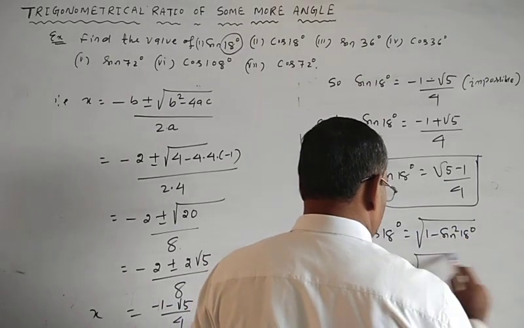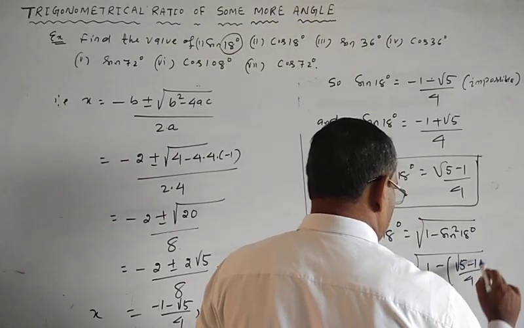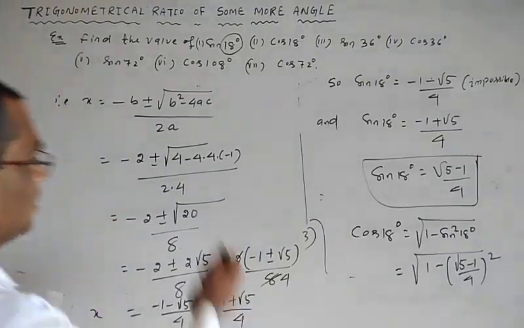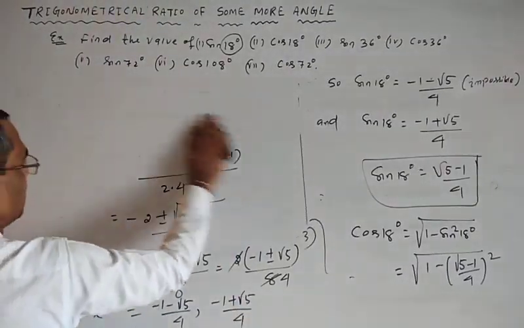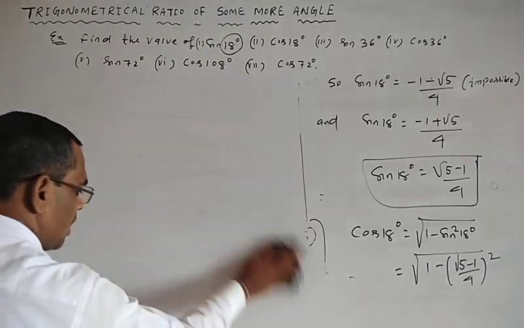So this is equal to root over 1 minus (root 5 minus 1 by 4) whole square. Now let us simplify it.